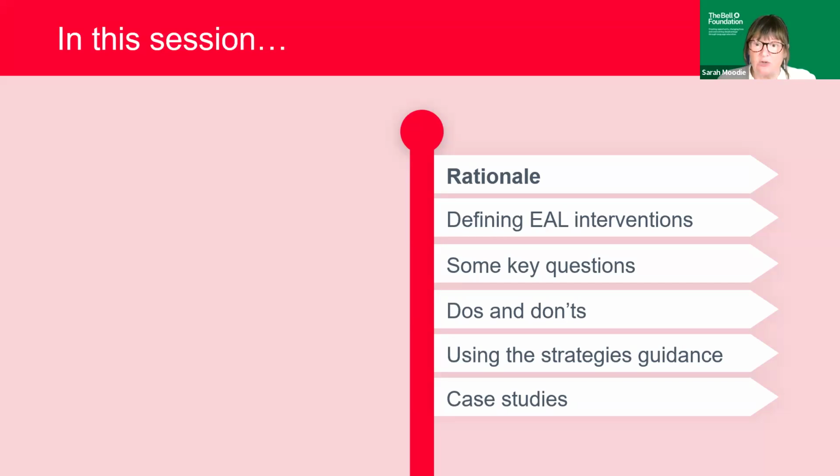And then how to use the guidance which was published today in conjunction with the guidance that was published last year. And then finally, Karen's going to take you through some fictional but based on real life case studies to illustrate very importantly how all this might actually play out and look in practice in a secondary school.